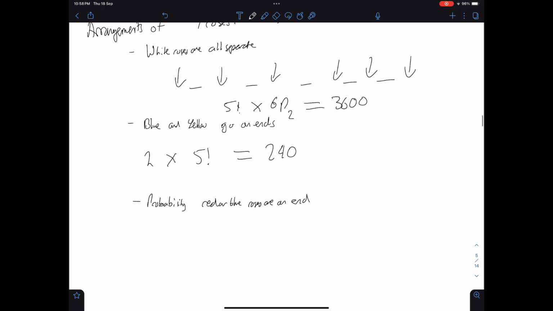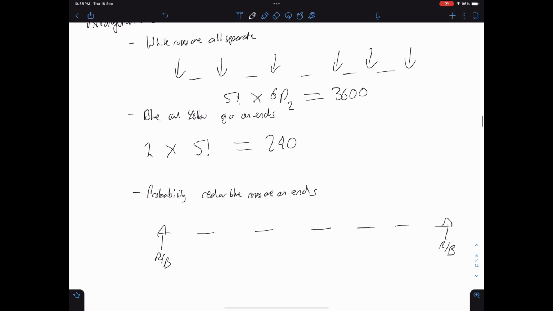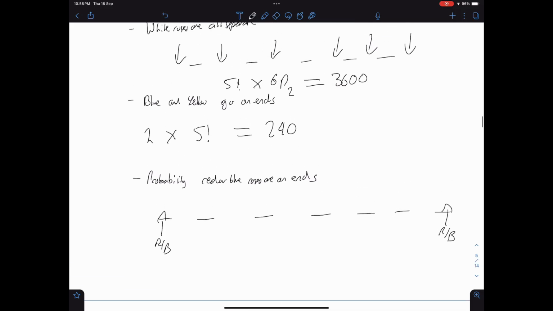Now the probability, when we do permutations and combinations probability, the probability is equal to the number of favourable arrangements with the condition, divided by the total number of arrangements. So, I mean, just think about it. We got 5. Now, at the start and the end, we could have red or blue. And we've got 4 options, because there are 3 red roses and 1 blue rose.